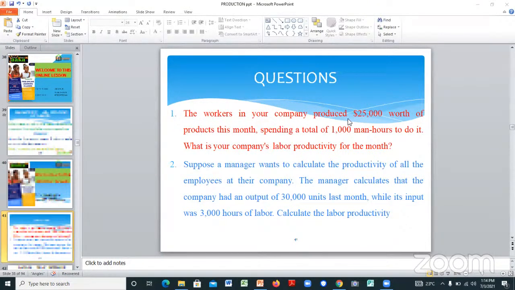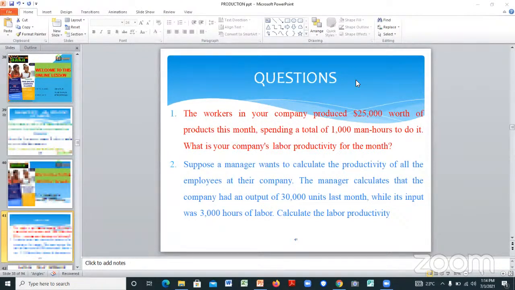Thank you, Elijah. He has read both questions, but we are tackling the second question. So our question is asking us for labor productivity, and it reads, suppose a manager wants to calculate the productivity of all the employees at their company. The manager calculates that the company had an output of 30,000 units last month, while its input was 3,000 hours of labor.